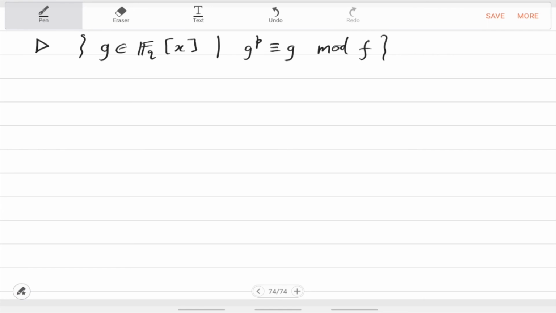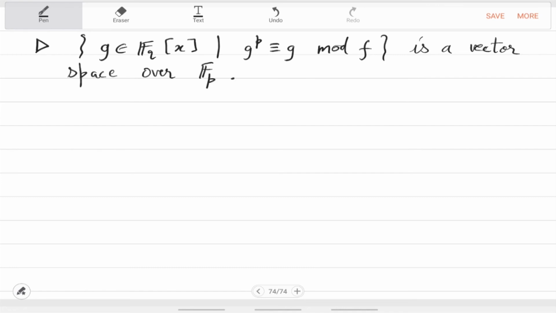Is it a vector space? Over what? Over which field is this a vector space? Yes, it is not Fq, it's Fp.